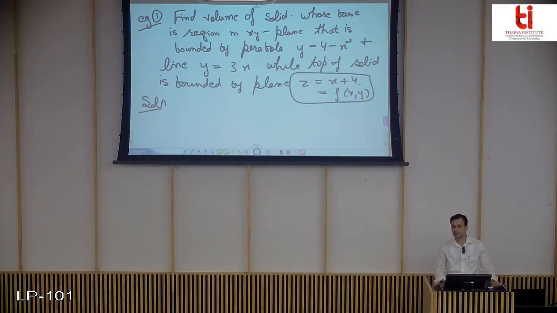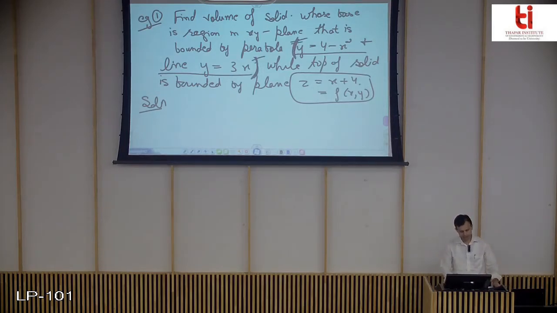Here it is a plane, a three-dimensional figure. The region whose volume we are going to calculate is bounded above by this slanted plane, and below by the xy plane, by the region enclosed by this parabola and the line y equals 3x.